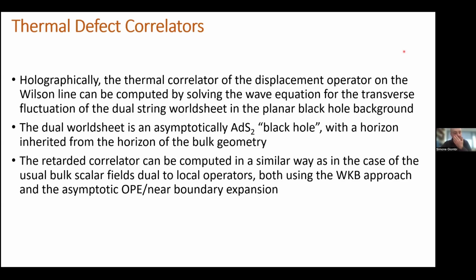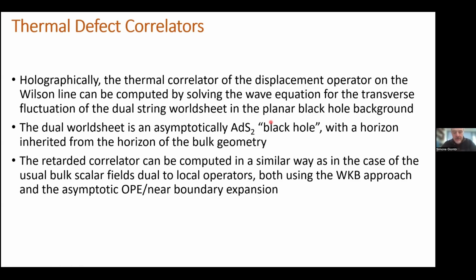And to compute the retarded correlator in this setup, one is just supposed to study the transverse coordinate fluctuations of the string by using the Nambu-Goto action, which essentially will boil down to solving wave equations for fields propagating in this two-dimensional geometry.